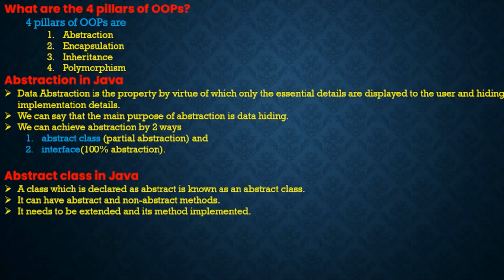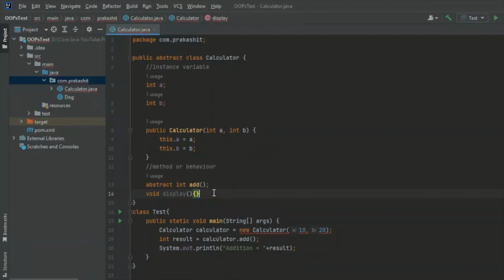I have already explained that it needs to be extended or its methods implemented. Whenever we write an abstract method, we write it without any implementation. Before, when we wrote this add method, we had provided the implementation, returning the addition of a and b.